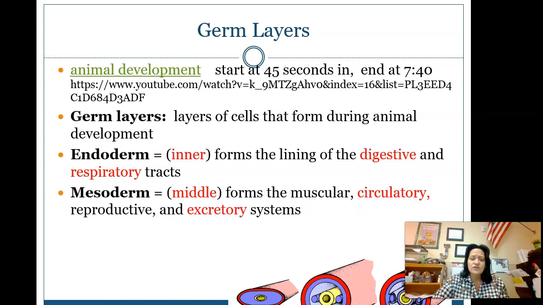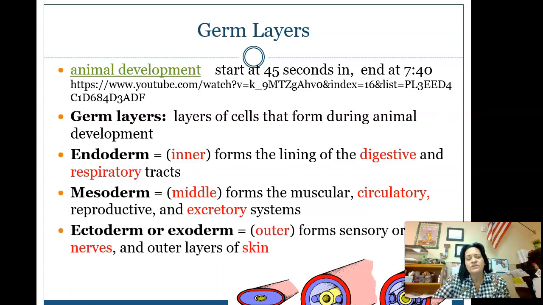Then you have mesoderm, which will form the middle layers: the muscular, circulatory, reproductive, and excretory systems. And then ectoderm, or exoderm, the outer layer, forms the sensory organs, nerves, and the outer layers of the skin. So this is really important to know, that these different layers hold the different types of systems.